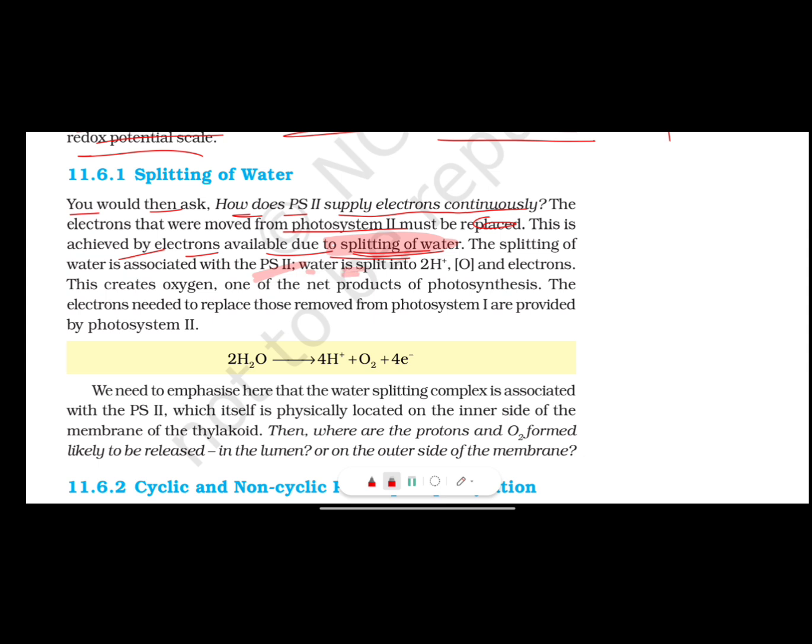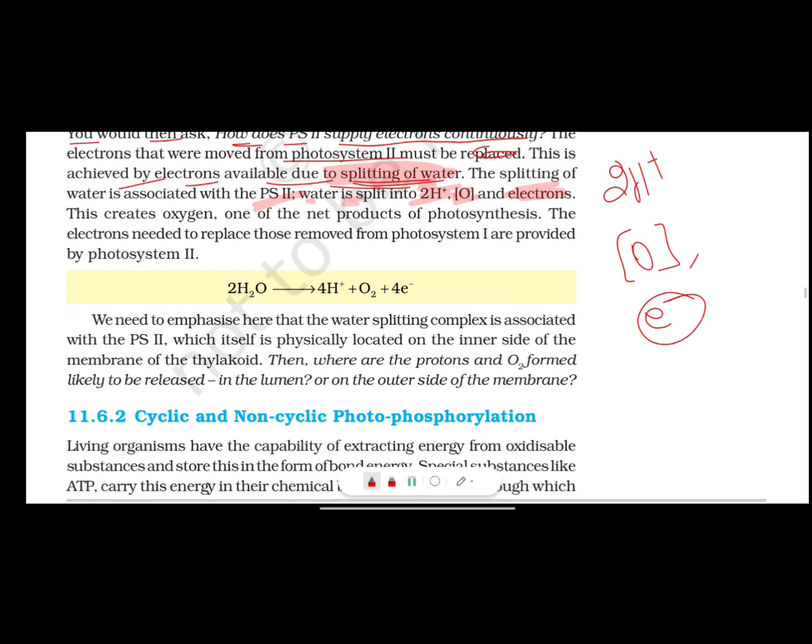Water is split into 2H plus and one nascent oxygen, the natural form of oxygen, and electrons. This creates oxygen, one of the net products of photosynthesis.